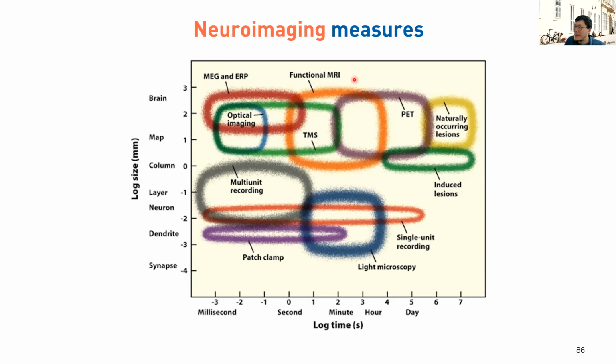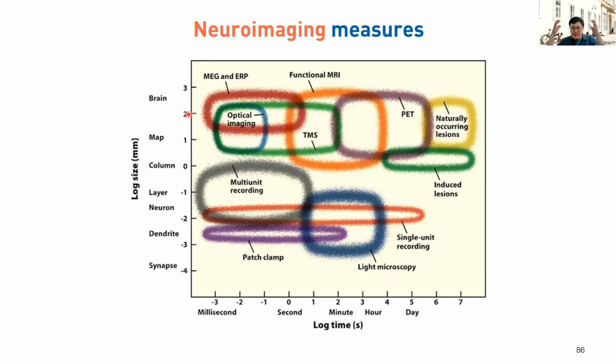So from your earlier study, I guess you have heard that the MEG and the EEG have a high temporal resolution. So they could really measure milliseconds, but they have a relatively lower spatial resolution. In particular, they cannot really measure brain activity in the midbrain.